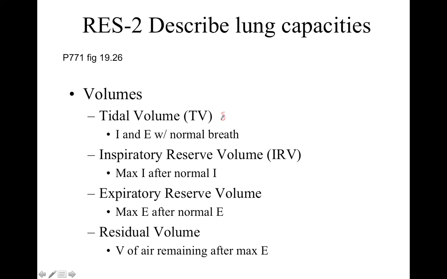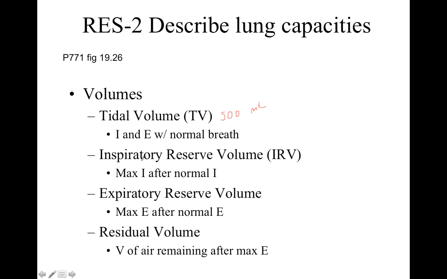It's about 500 milliliters of air, so half a liter. And that's when you're just sitting there, relaxed.